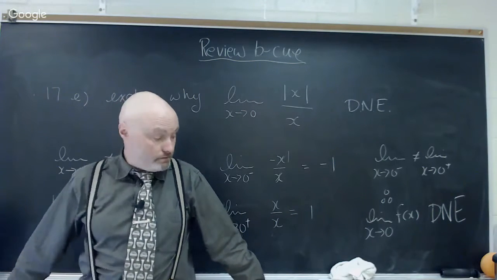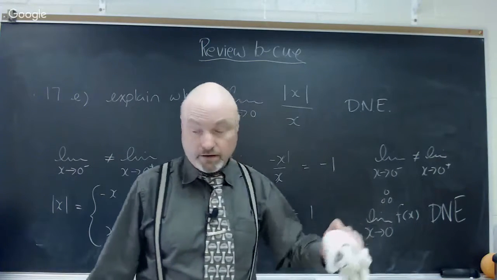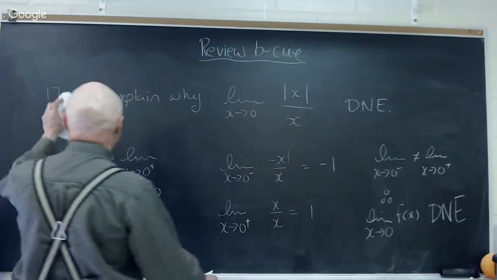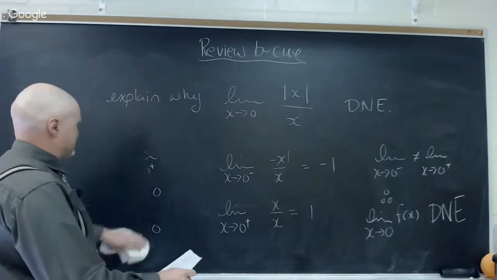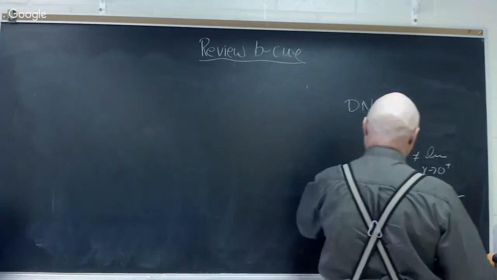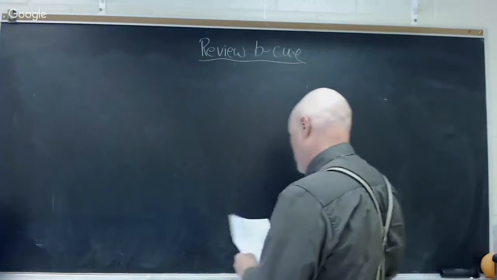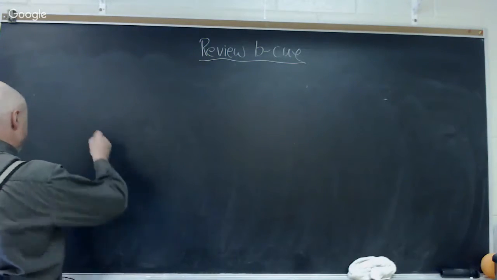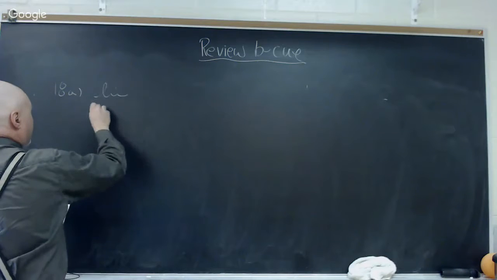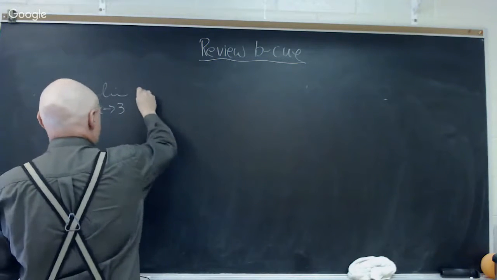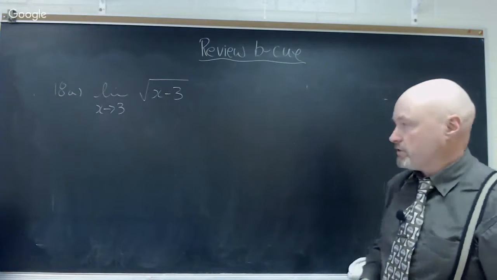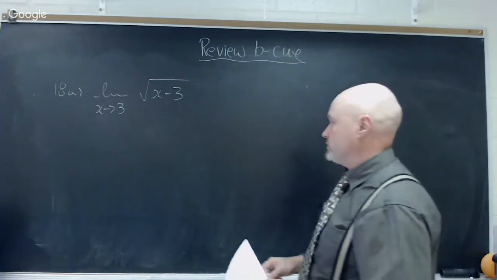The other thing that can happen, and you'll see that this happens with some of the other functions. So for example, the limit as x approaches 3. Oops, that wasn't 17e for those of you who might have thought it was. It was 18e. If we looked at this one, which is 18a, which is the other example, in this case, we don't have to look at it too detailed, okay?